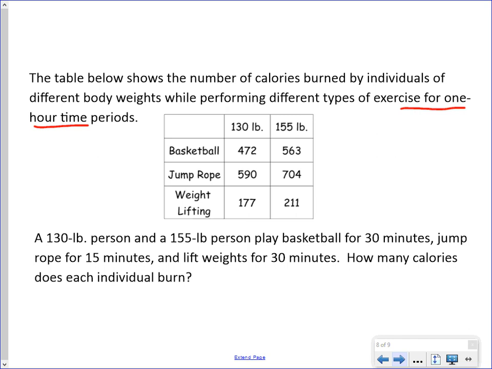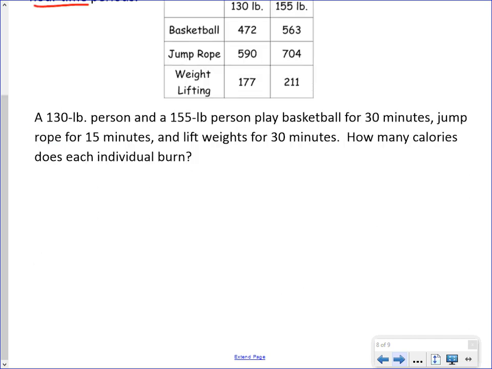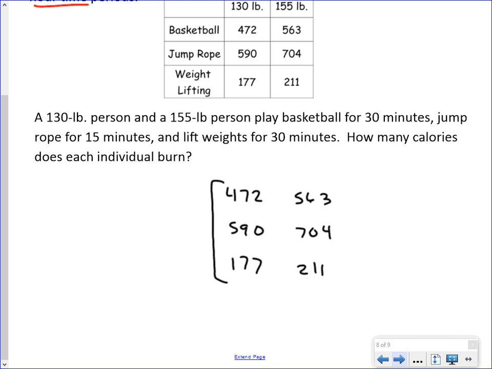So we have some information provided to us. Notice that when it's put in a table, it almost looks like a matrix already. So I might think about just copying that information into a matrix. So whatever information they tell you, think about it in matrix form.